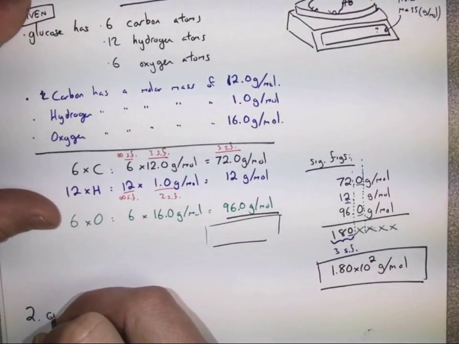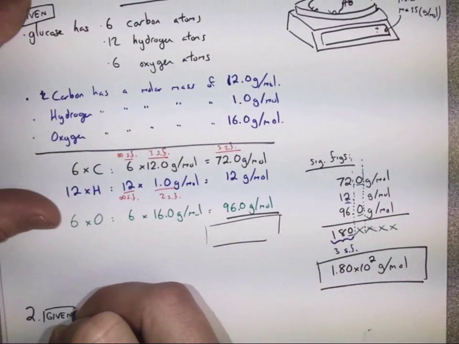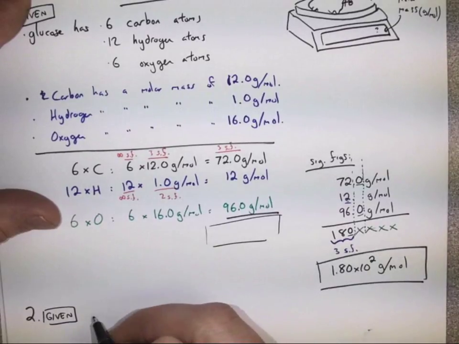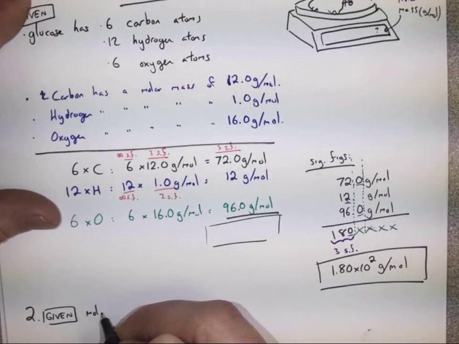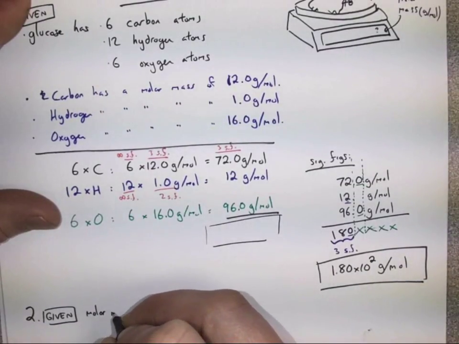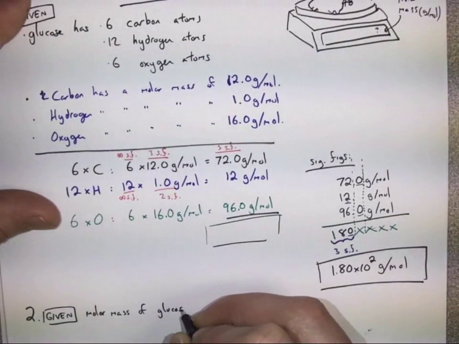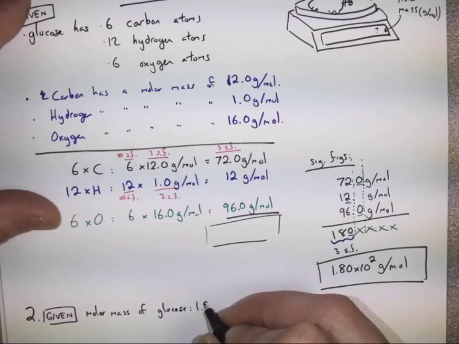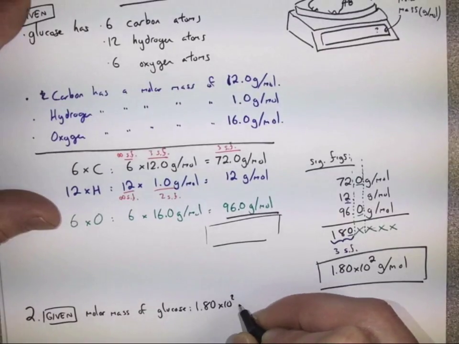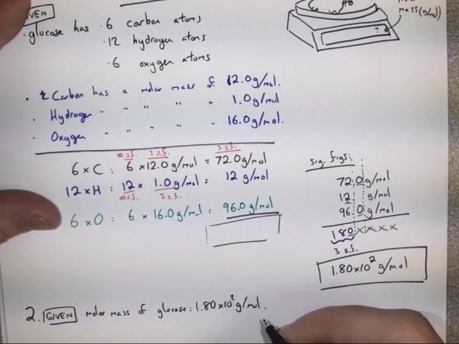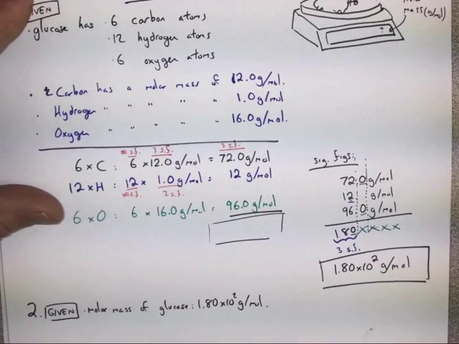So we can treat as given that we know the molar mass of glucose, and that's 1.80 times 10 to the 2 grams per mole. We know that for sure.